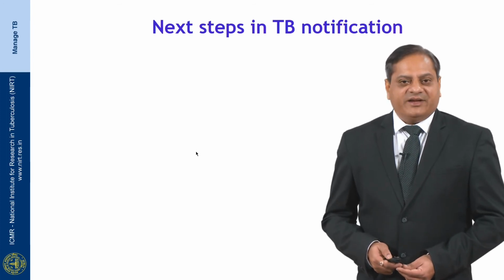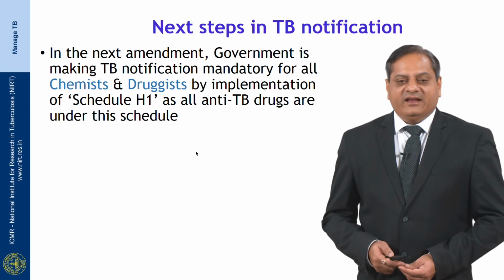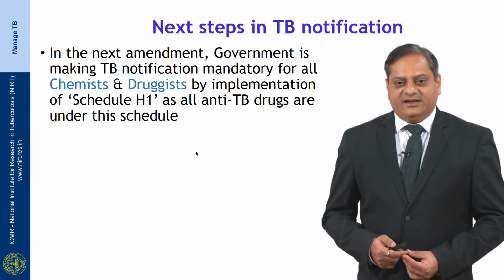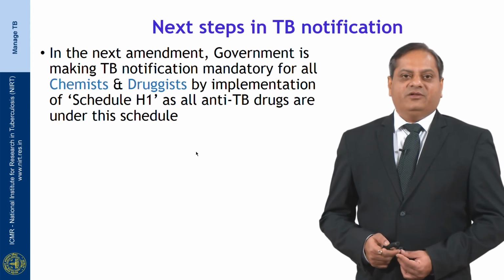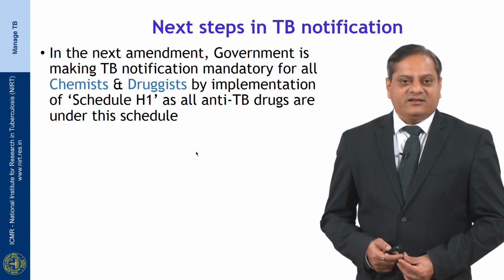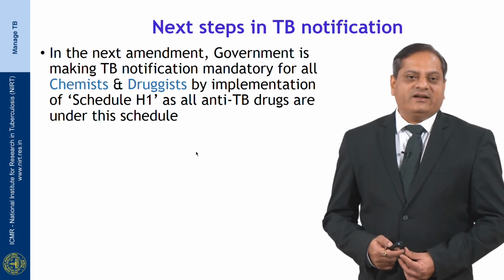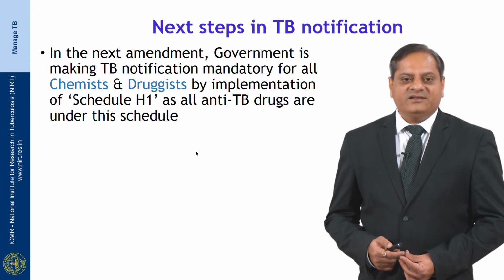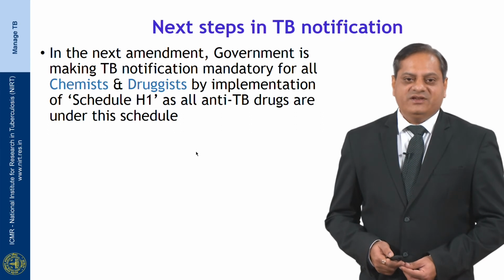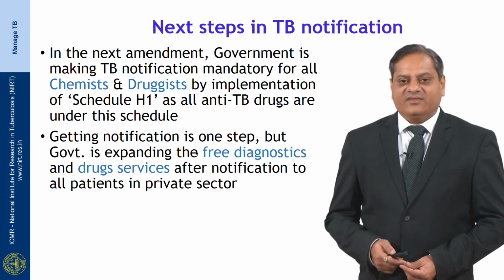Now, what are the next steps in TB notification? In addition to the laboratories and the hospitals and the clinics which are expected to do TB notification, the Government of India is planning to increase the coverage and reach by including the chemist and druggist to allow TB notification and implementation of Schedule H1, which includes anti-TB drugs.